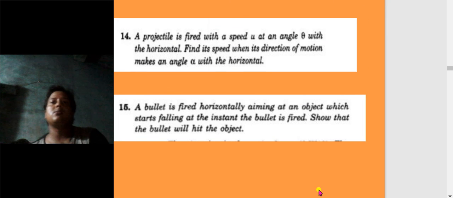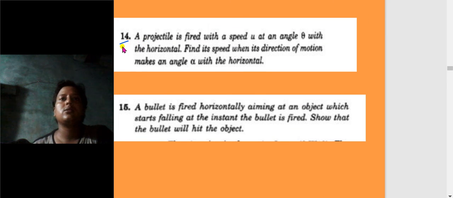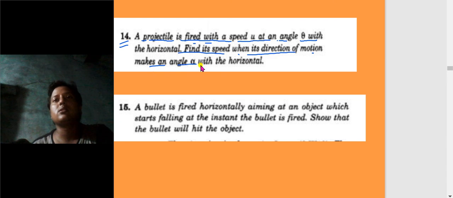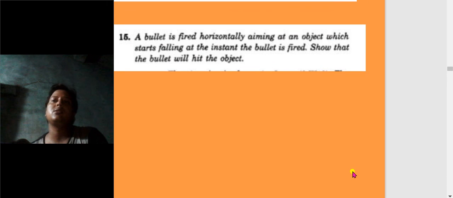Now in question number 14, a projectile is fired with a speed u at an angle theta. Find its speed when its direction makes an angle alpha. According to the question, the projectile is projected with an angle theta with a speed u. At some time the angle becomes alpha.